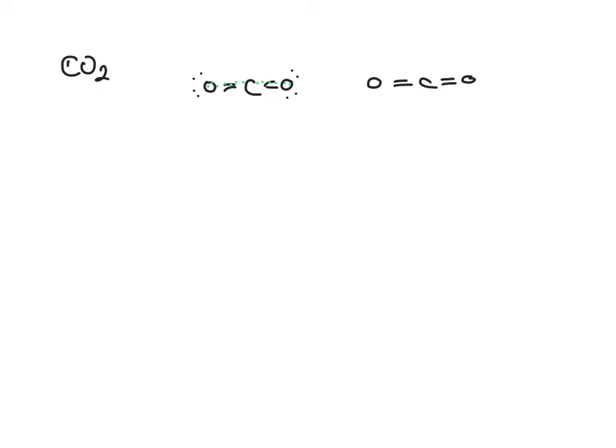Okay, so in this case, difference in electronegativity: 3.5 for oxygen, 2.5 for carbon, so each dipole is 1. Oxygen has the greatest pull, so the vectors go out towards oxygen.